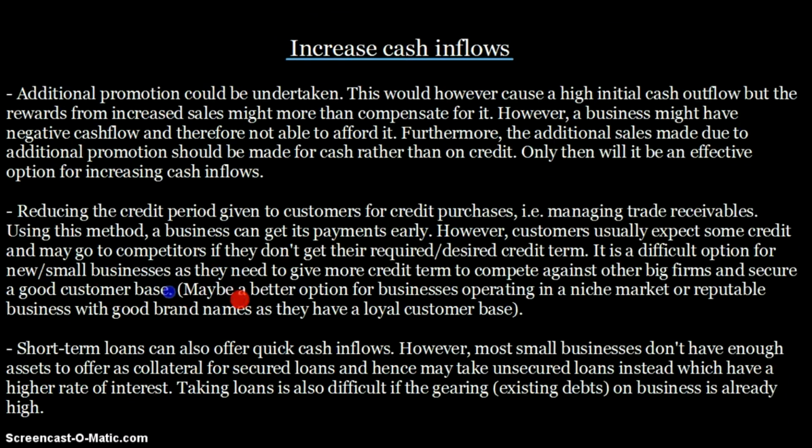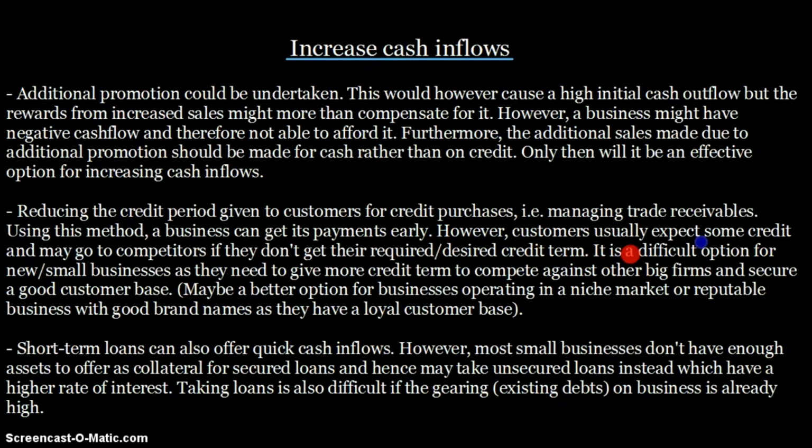Using this method, a business can get its payment early. We can say, instead of one month, I want you to pay in half a month, let's say two weeks. So the customers now have to pay in two weeks for credit sales instead of one month. So you will have the cash in two weeks only. So you get cash earlier.